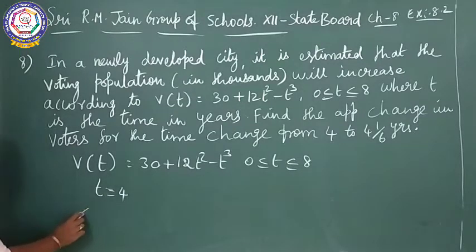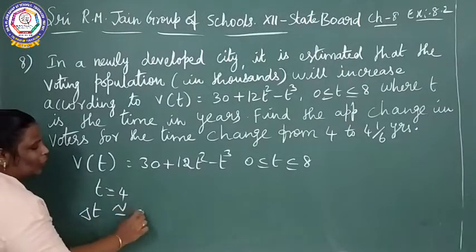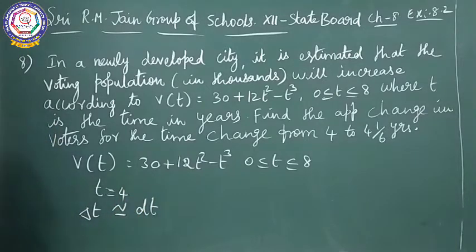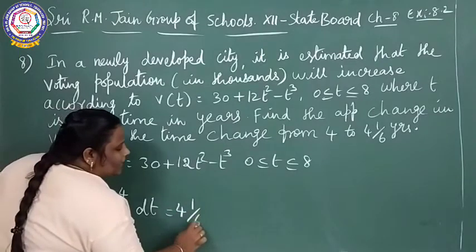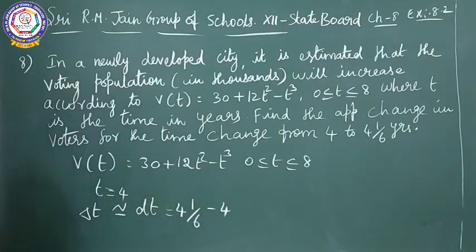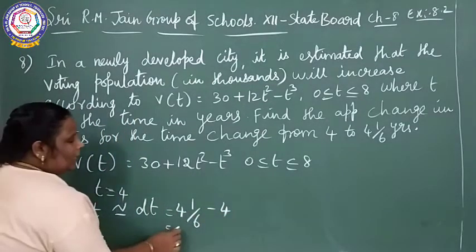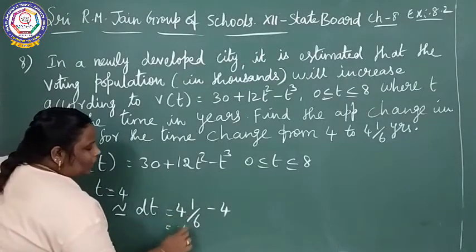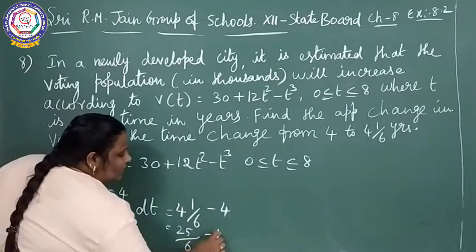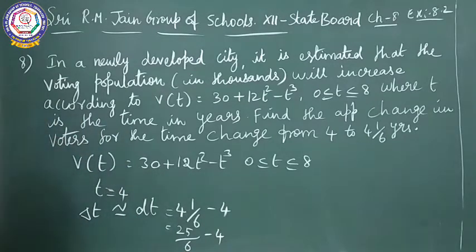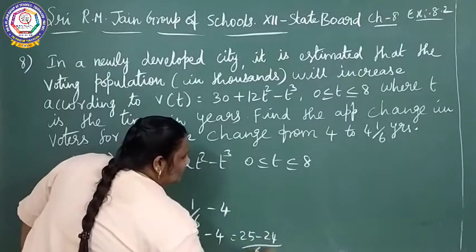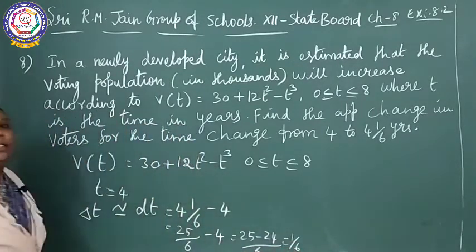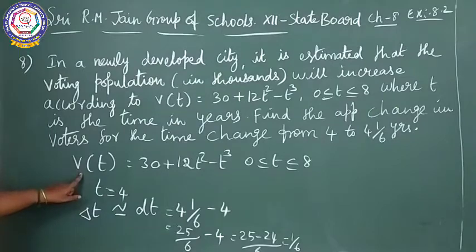Delta t, approximately dt, equals 4 1/6 minus 4. Taking the improper fraction, 25/6 minus 4, gives (25 minus 24)/6, which is 1/6.